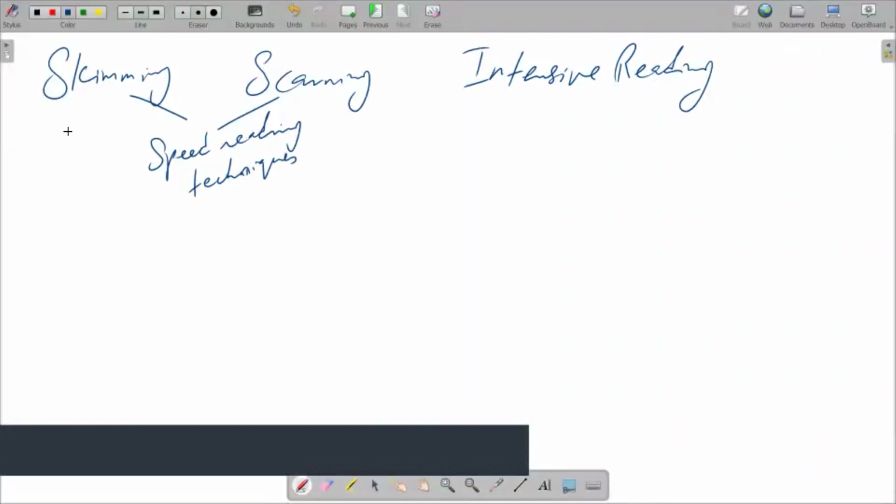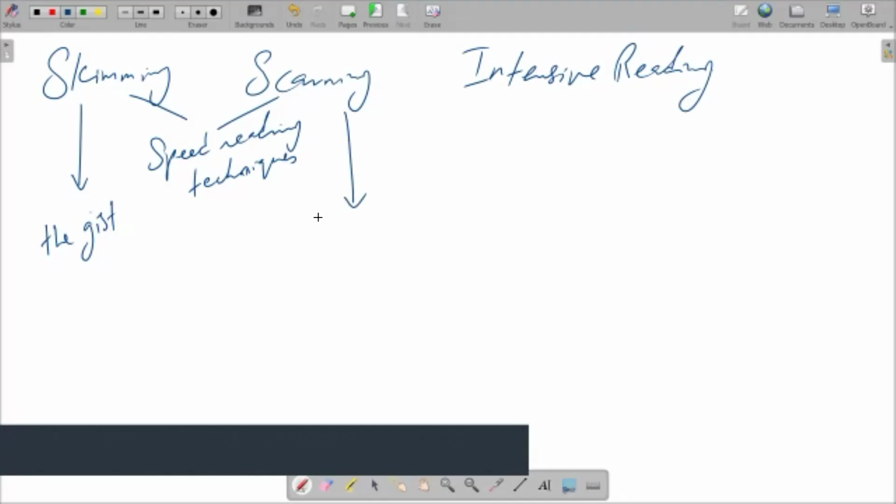For skimming, you're only trying to understand the gist, or the main idea, or the topic or theme of the text, what it's talking about, and some of the more prominent details that you pick out just by quickly going over the text, not reading it word for word.